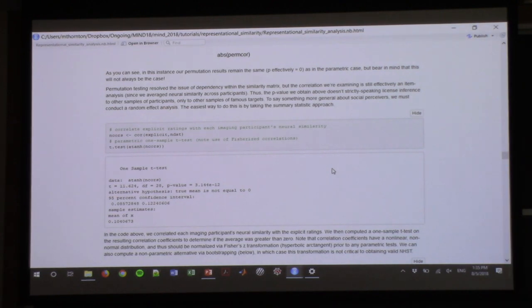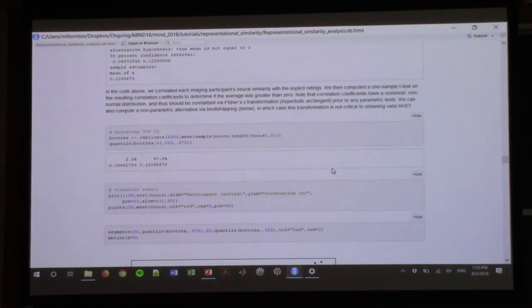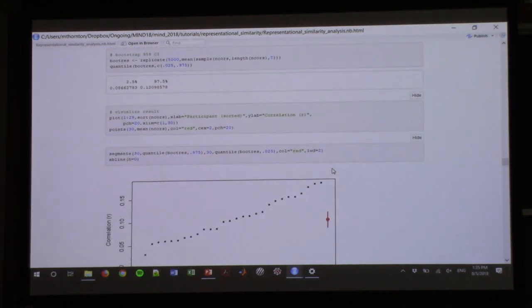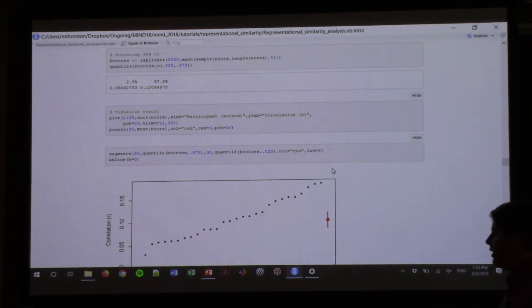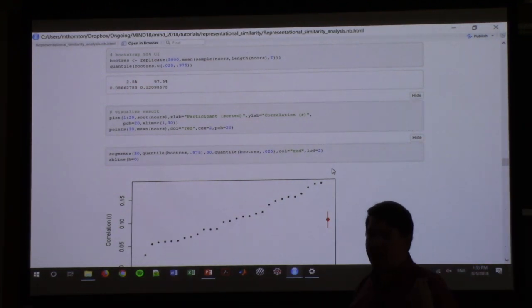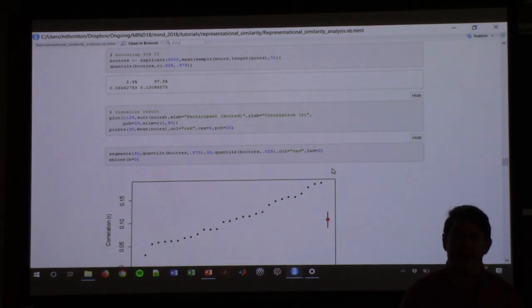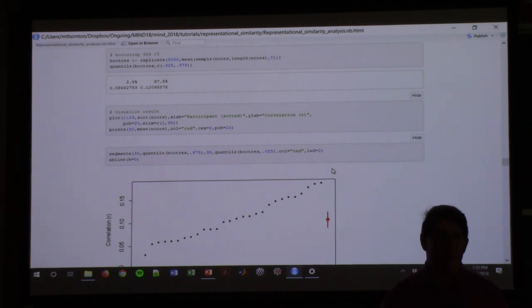Yeah, so that's another approach to calculating statistical significance. Of course, you don't need to rely on a parametric test either. You can bootstrap instead. So we have 29 correlation coefficients. We can simply draw repeated samples with replacement from those 29 to generate a bootstrap distribution around our mean correlation coefficient.